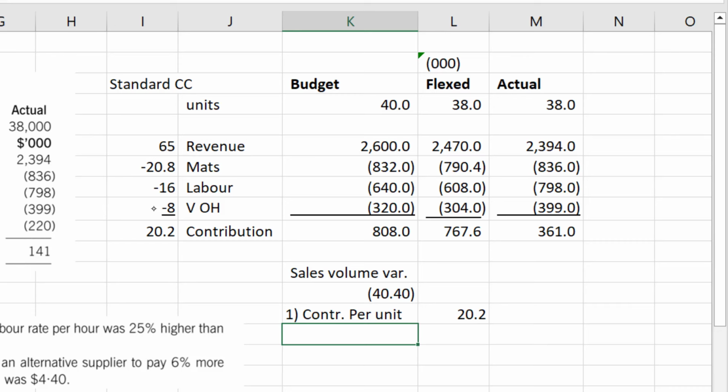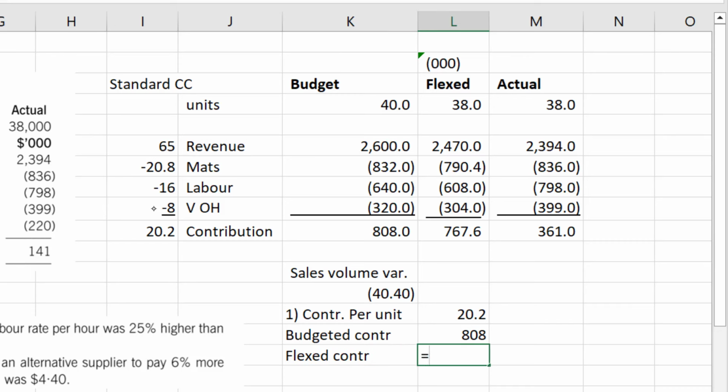And the budgeted units, we could say budgeted contribution, that's going to be equal to 40 times 20.2. Flexed contribution, that's going to be equal to 38 multiplied by 20.2, and we get the difference.